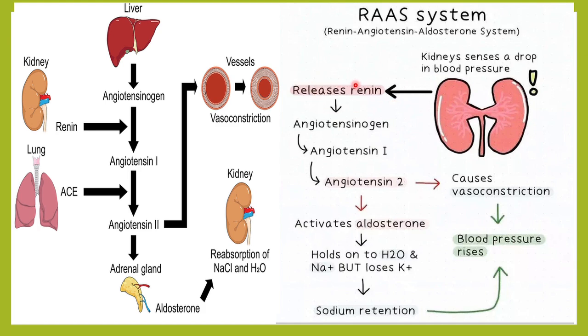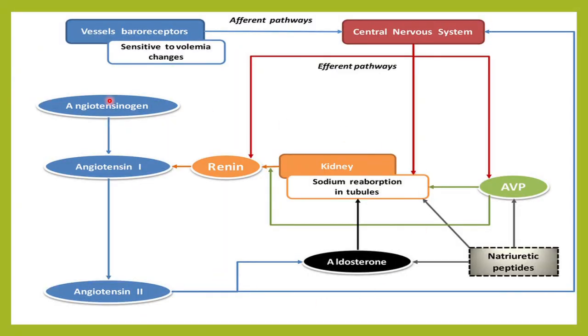This renin helps in the conversion of angiotensinogen to angiotensin 1 to angiotensin 2, and that activates the aldosterone from the adrenal gland, and this aldosterone helps in the reabsorption of sodium and water. So remember these hormones, the renin-angiotensin system, the aldosterone, the natriuretic peptides; all these are important to maintain sodium homeostasis.